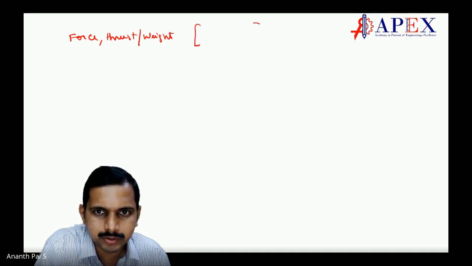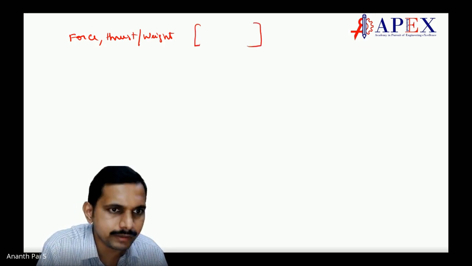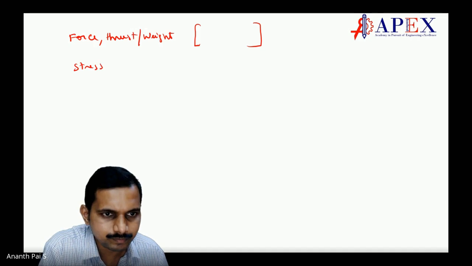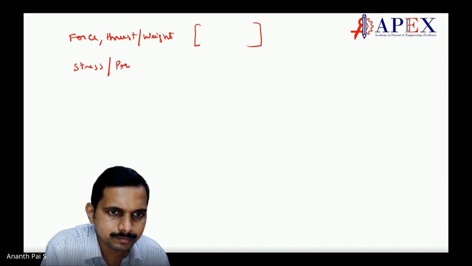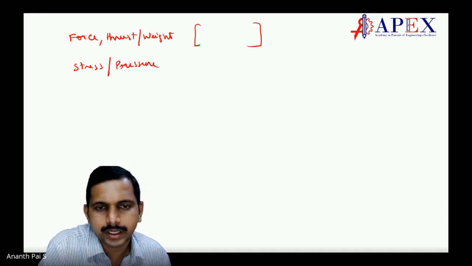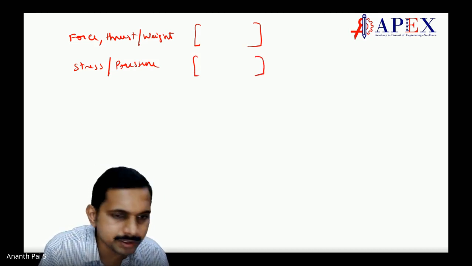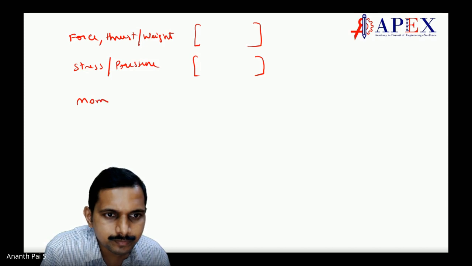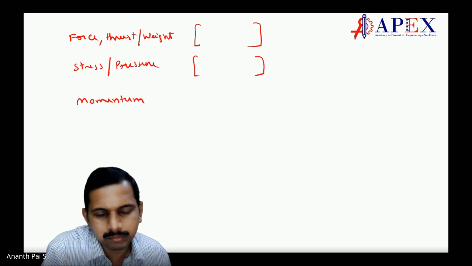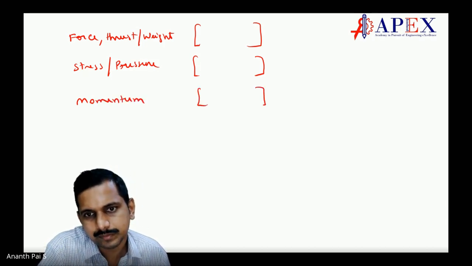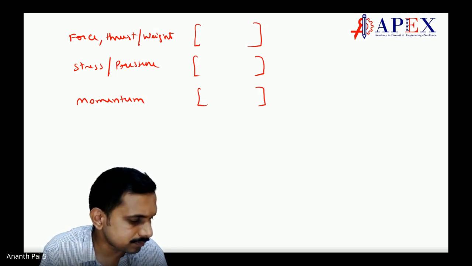Can you tell me, students? Write it down. Later on, I will write stress or pressure. Write down the dimensional formula. Then momentum. You can write this. Write it down. Next, angular momentum.